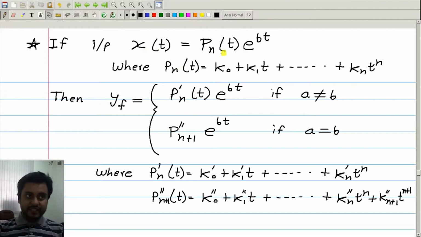So this is the form of the input. Let it be Pm, here also m and m.